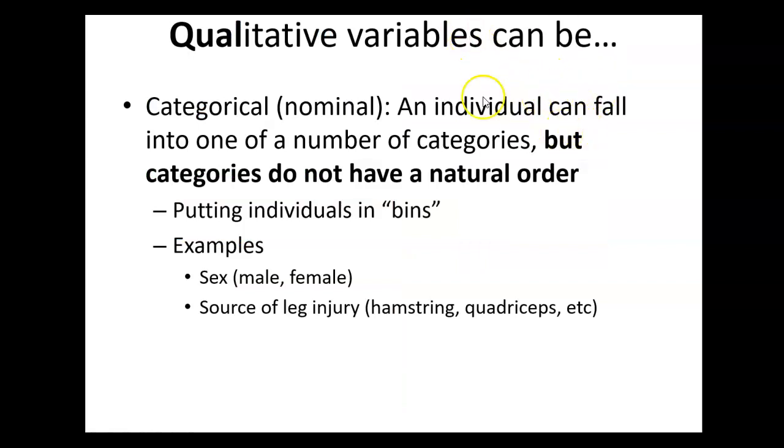Qualitative variables, and these are some terms we went over in a previous lecture, can be categorical. An individual can fall into one of a number of categories, but the categories don't have a natural order. For example, male and female don't have a natural order. The source of a leg injury, where it hurts, hamstrings, quadriceps, doesn't have a natural order. Categorical, so nominal data, puts people into bins.